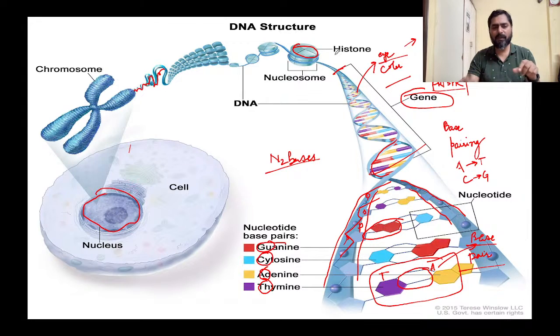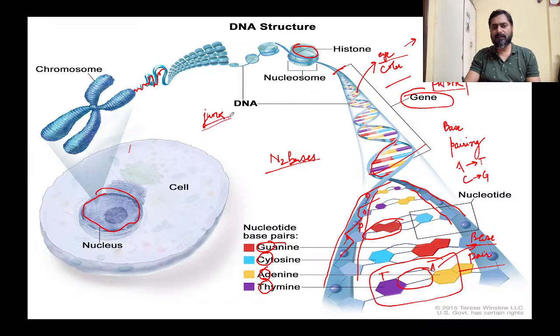If you open up this string, you will see that there are many portions in the DNA which are not coding for anything. Those portions are called what is known as junk DNA. So there are some portions of your DNA which are called junk DNA.